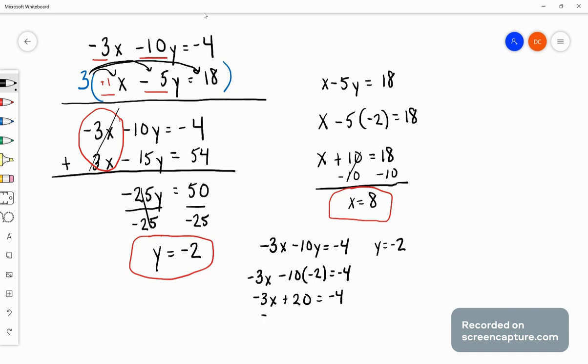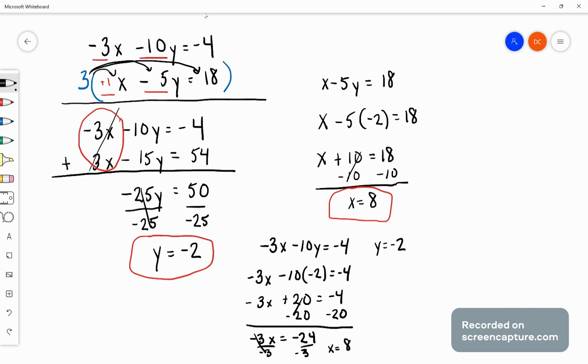I'm going to subtract 20 on both sides here. And so I end up with negative 3x is equal to negative 24. Divide by negative 3, divide by negative 3, and I get that x equals 8.